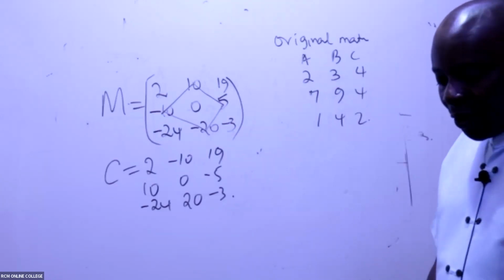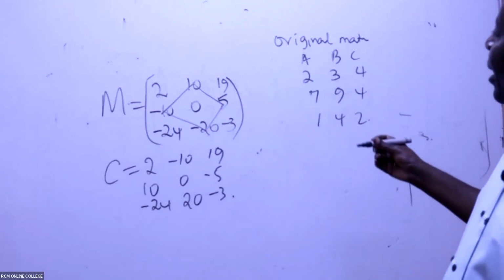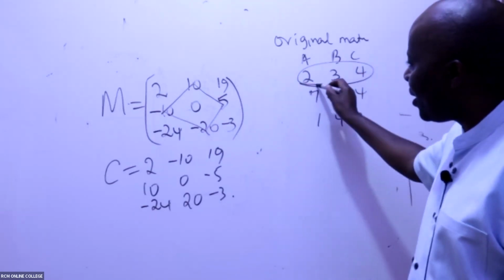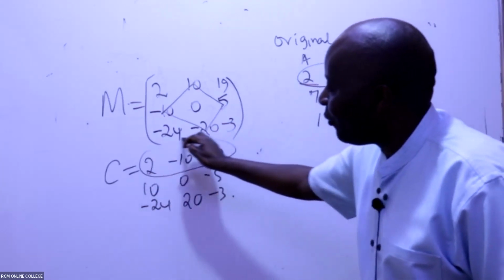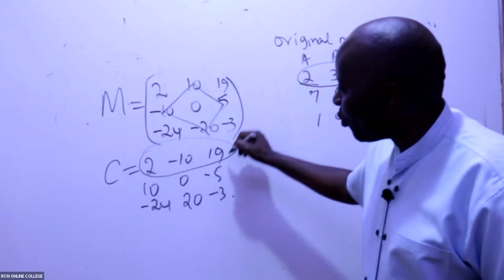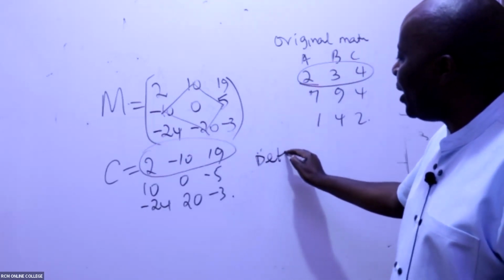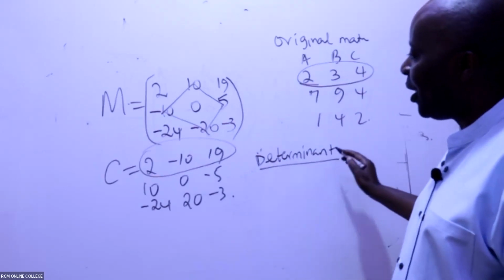So if you have not done the determinant using the other method, you can easily borrow the numbers of the original matrix with the cofactor matrix, the first row. If you borrow the first row of cofactors and the first row of the original matrix, you can easily get the determinant. How do we get this determinant? Very easy. So you combine.